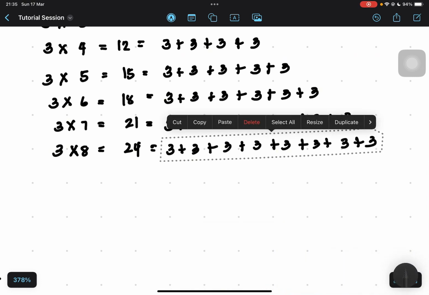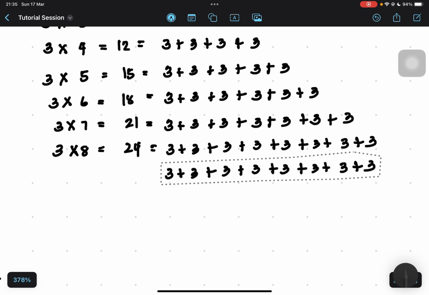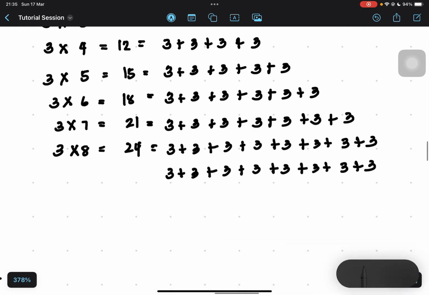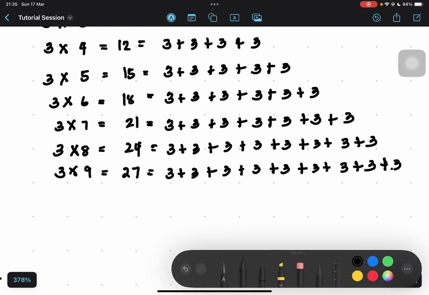Then again, we add another 3 on it to make the value 27. Or the interpretation in multiplication is we add 3 nine times.